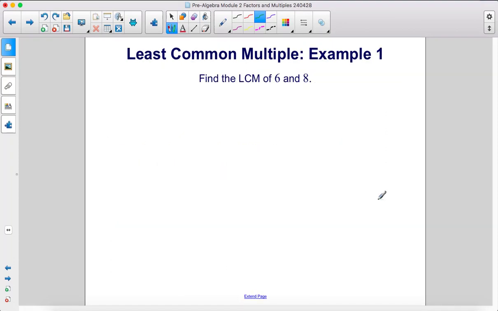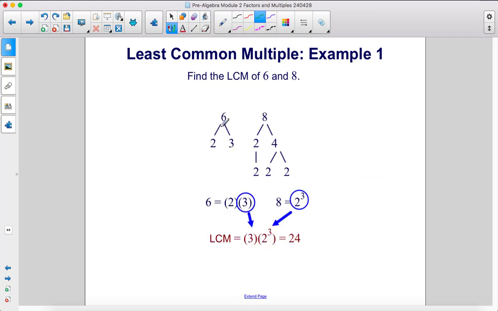Find the lowest common multiple of 6 and 8. So first we factor the numbers into their prime factors. We have 2 times 3 and 2 times 2 times 2. So 2 appears, so we include 2, to the highest power. So here we have 1 2, here we have 3 2's multiplied together.